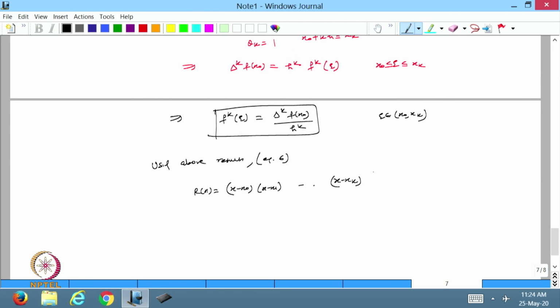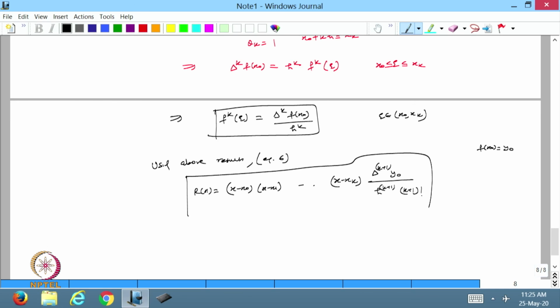So, from here I can write this as delta k plus 1 f x naught, where f x naught is y naught, so this is equal to delta k plus 1 y naught divided by h k plus 1, times k plus 1 factorial. Now, the error involved in the Newton forward difference operator is this one. So, that is equation number 7, and that is the error involved in the Newton forward finite difference interpolation.